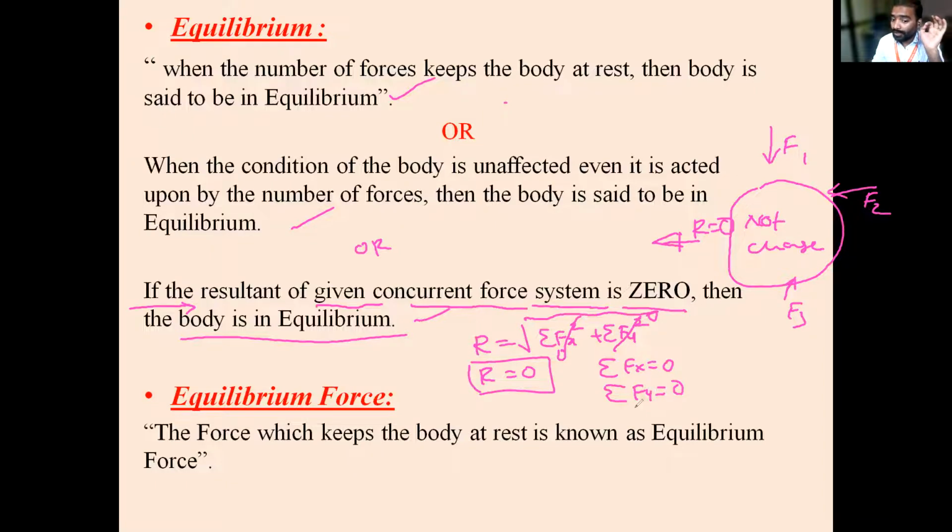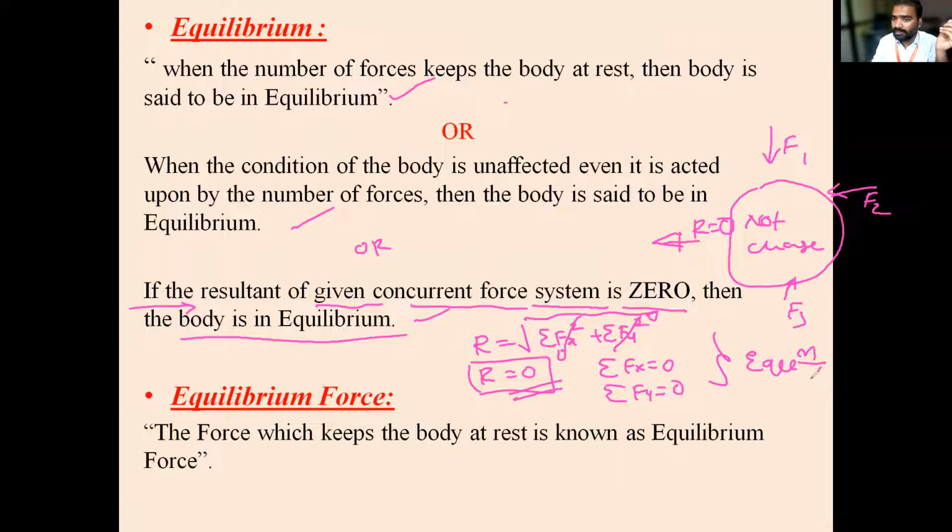Then what is sigma Fy equal to 0? The algebraic sum of all the forces along the vertical direction is equal to 0. If there is no force in the horizontal direction and no force in the vertical direction, then the resultant is also equal to 0. When this resultant is equal to 0, the body is said to be in equilibrium.